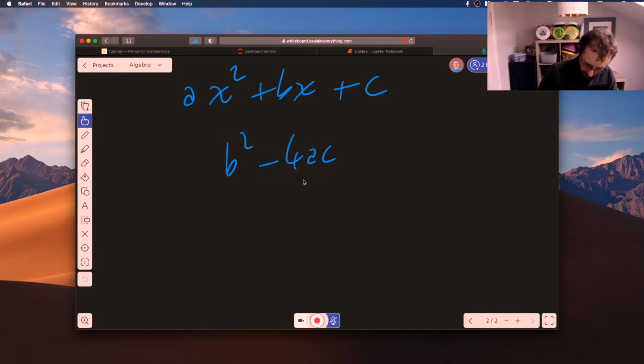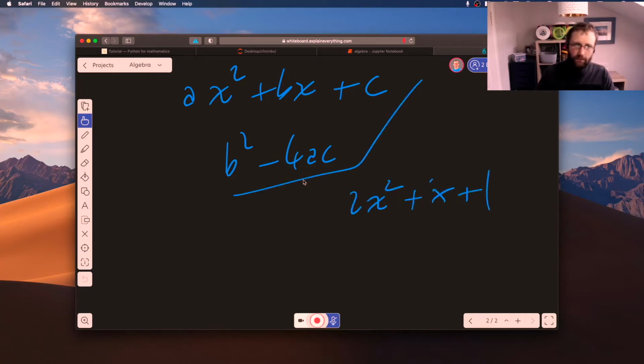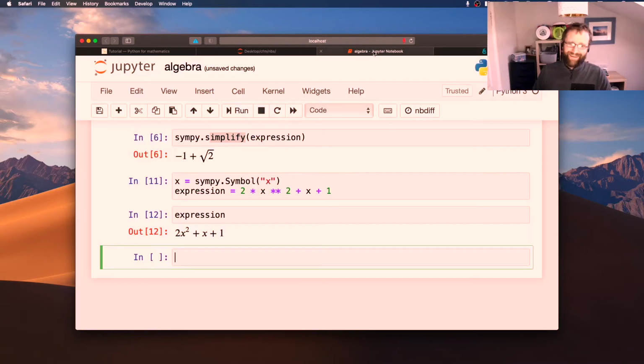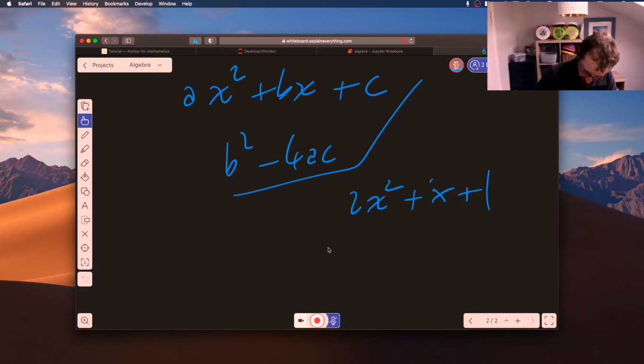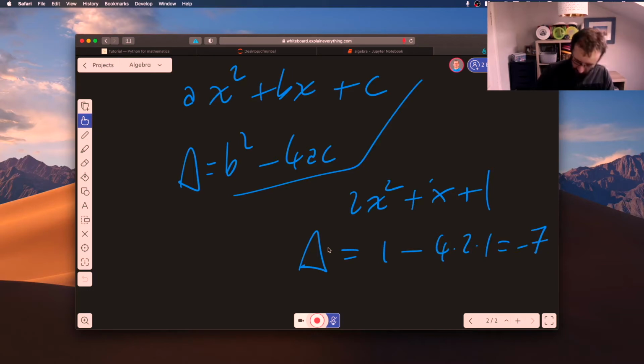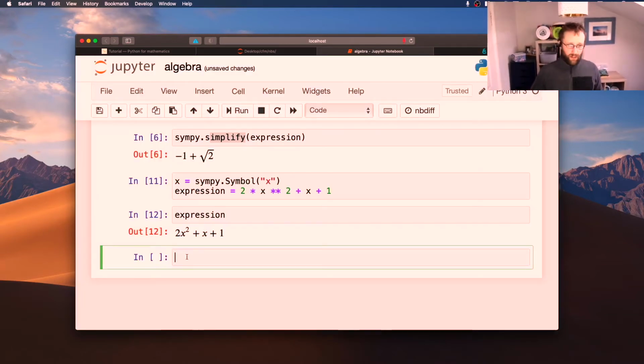So in our particular case, we got 2x squared plus x plus 1. Let me just convince myself that I'm remembering it correctly. And so the discriminant that we're expecting, often denoted by that big delta, is going to be 1 minus 4 times 2 times 1, which is going to be minus 7. Okay? Well, that's all doing it by hand, and we can indeed just use Python to do it.